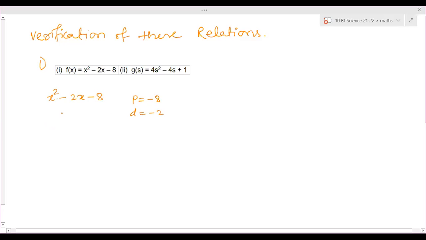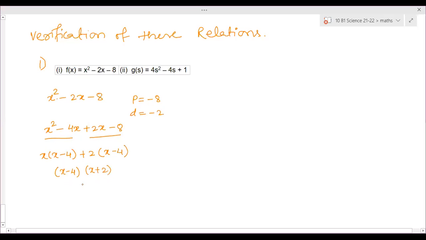So 4 and 2: minus 4x plus 2x. Factorize separately: x into bracket x minus 4 plus 2 into bracket x minus 4. So x minus 4 into x plus 2.